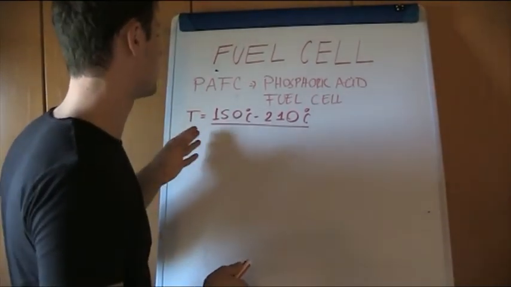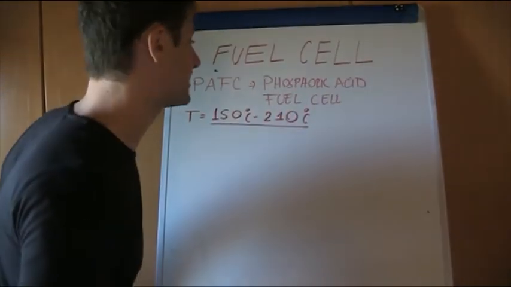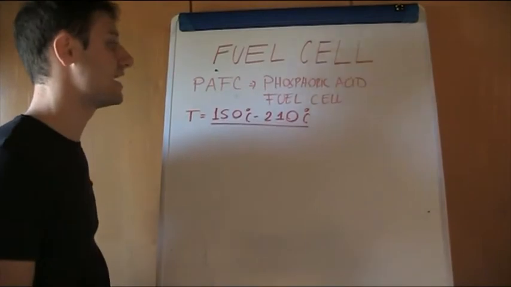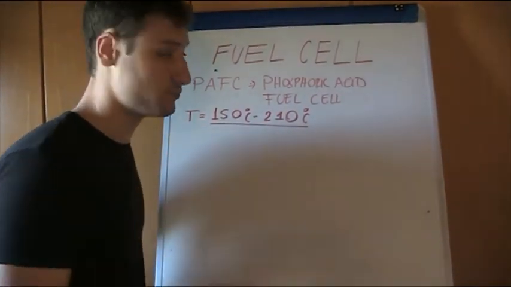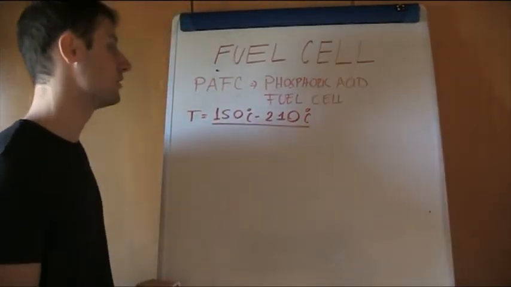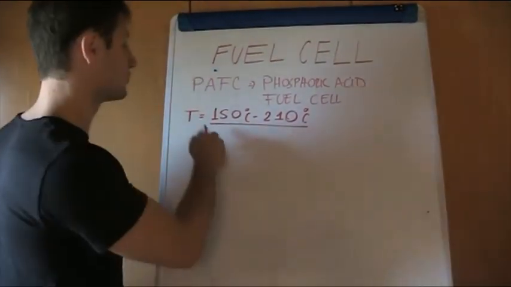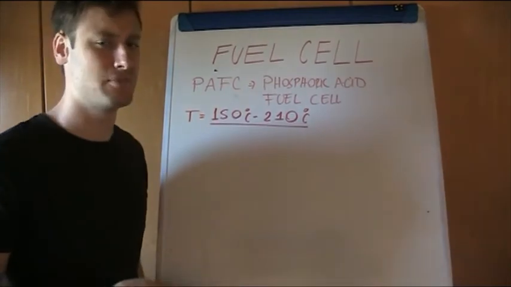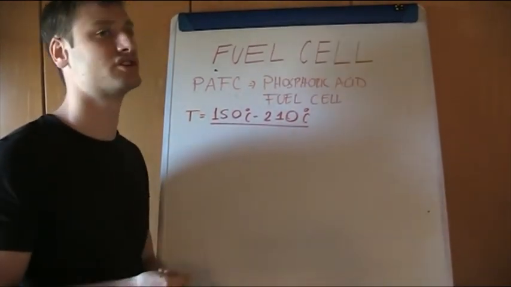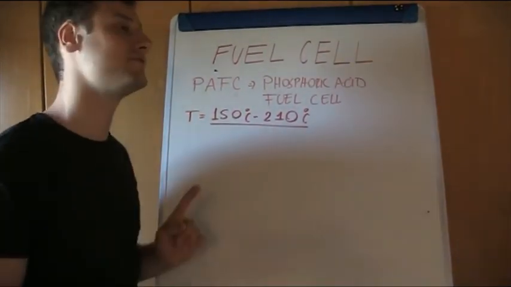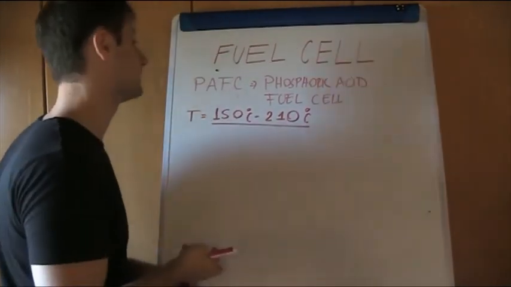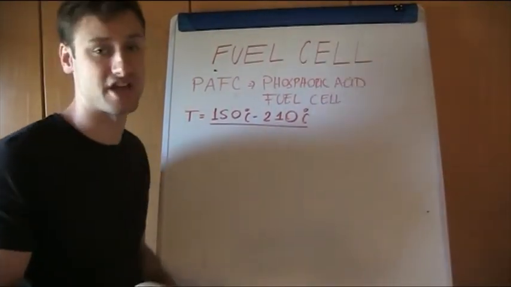In this case, since we're using phosphoric acid as electrolyte, pure or highly concentrated, we do not have a huge water management system, because the working conditions are higher, but not as high as in the molten carbonate fuel cell and the solid oxide fuel cell.